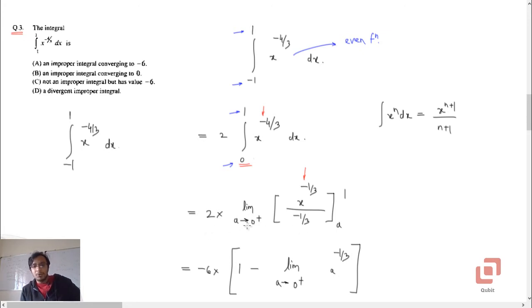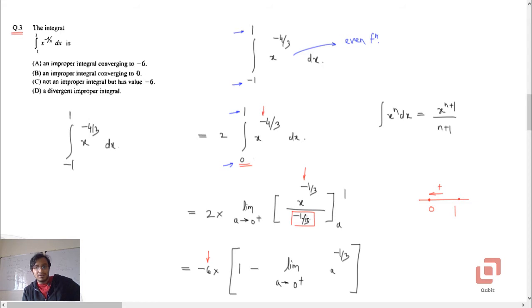So it will be 2 times the limit as a tends to 0 plus, because 0 happens to be the left end point of the interval of integration, so approaching from the right, so positive. Then we have integrated this: x to the power -1/3 upon -1/3. I've taken this -1/3 in the denominator outside, so we've got it as -6 outside.